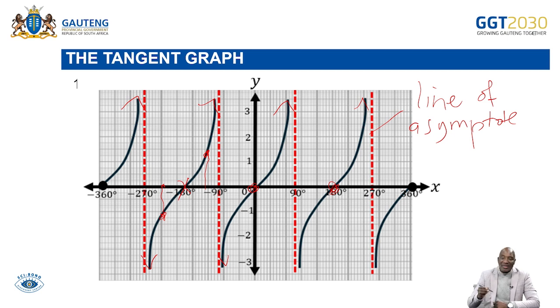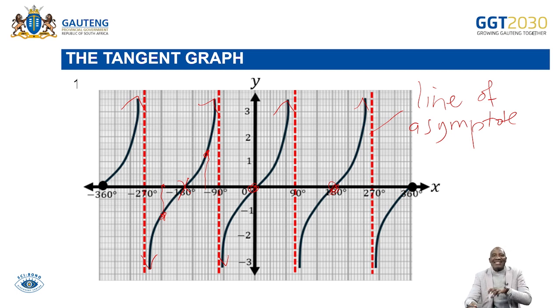From 180, it will touch again at 360, after every 180 degrees. That is our period. So the tangent graph has half a revolution period. In other words, it completes its cycle or wave after every 180 degrees, a new branch is born.